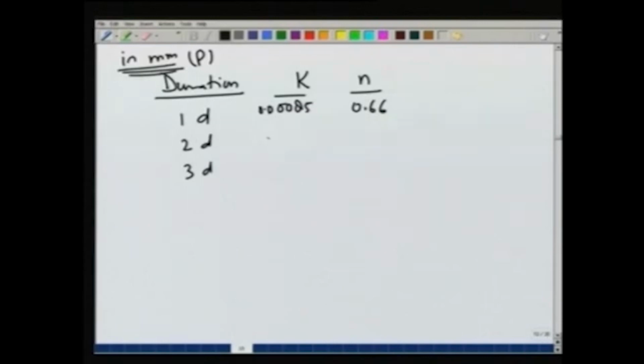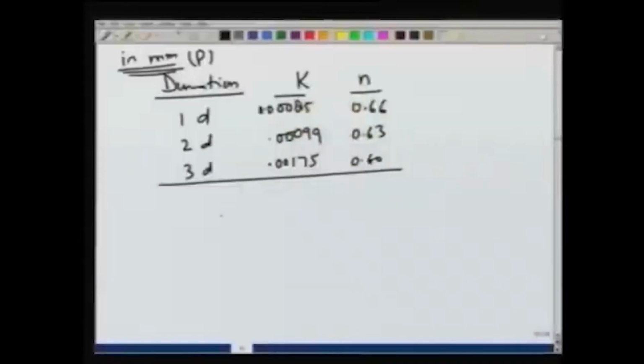Similarly, for 2 day and for 3 day, N is 0.66, 0.63 and 0.60. So, these values can be used to obtain the variation of depth of rainfall with area.